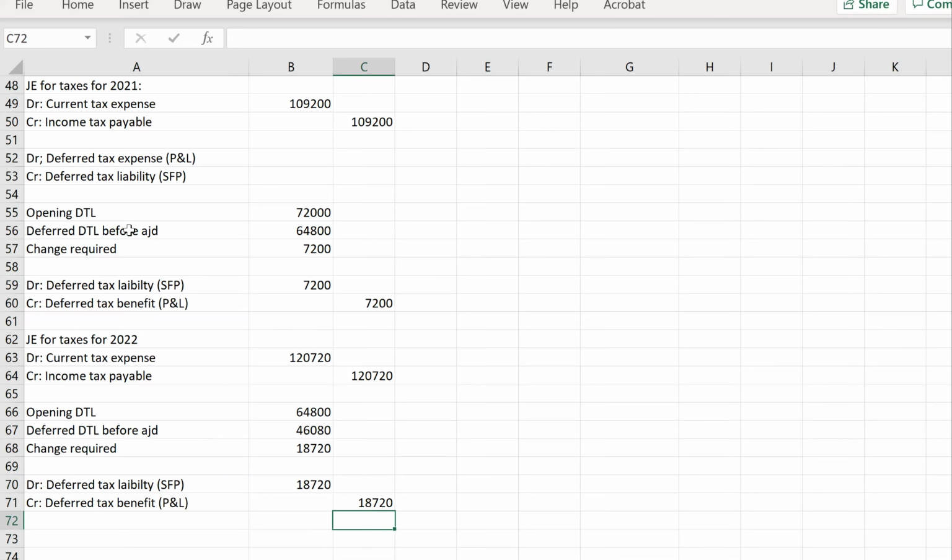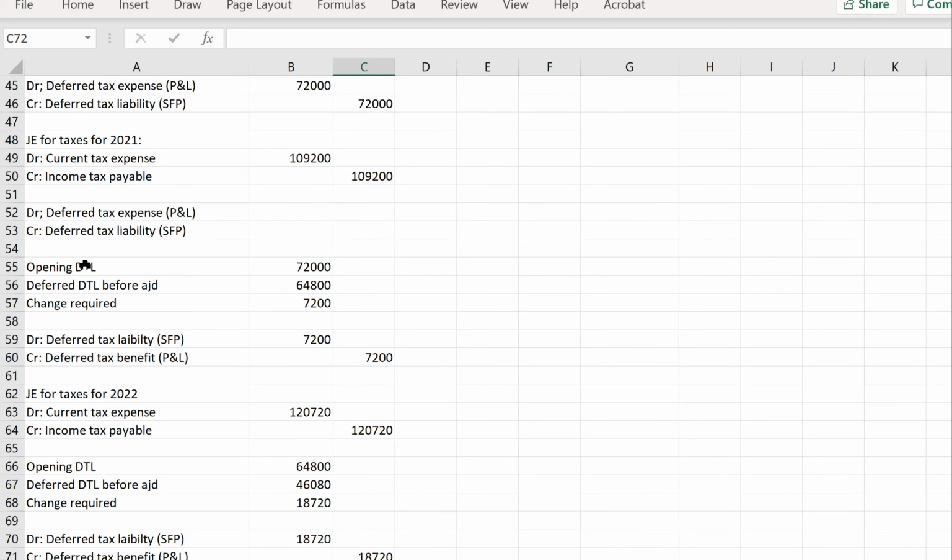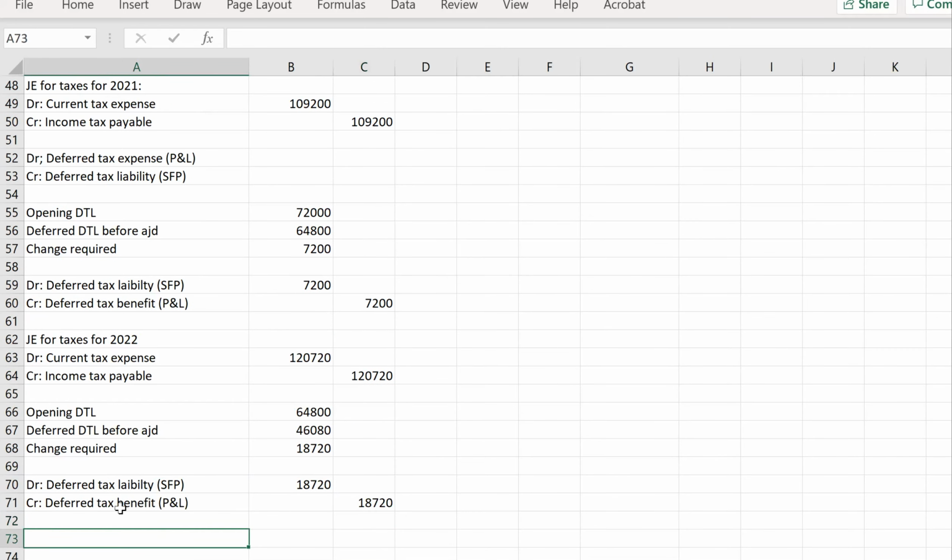Okay, now let's do, where were we here? 2021, now let's do 2022. So here's 2021, 2022. Now let's do 2023. Journal entry for taxes.